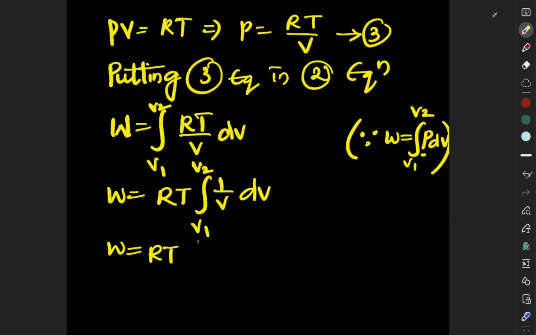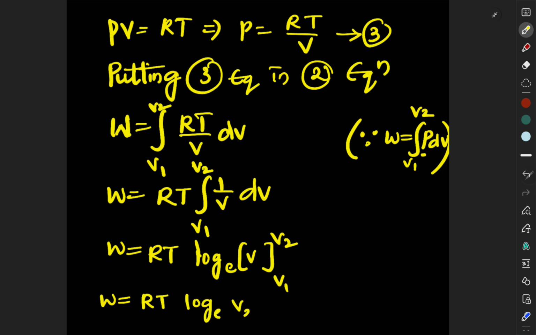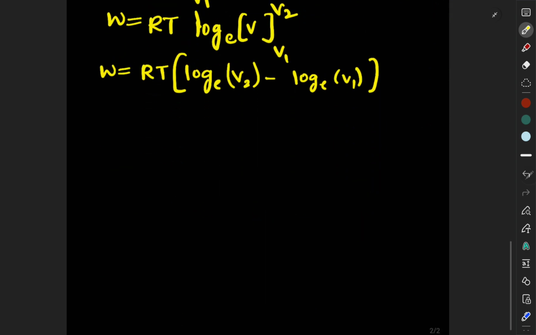When we integrate 1 by V dV, we get natural logarithm of V, and putting the upper limit and lower limit, V1 and V2. So we can also write this as W is equal to RT log base e V2 minus log base e V1.